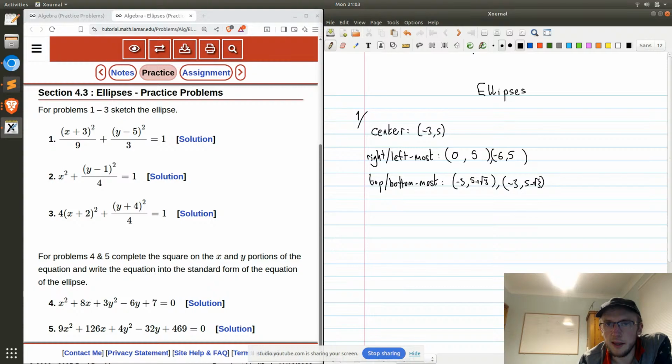But I must sketch it. But how to do this? Okay, so it's like over here.